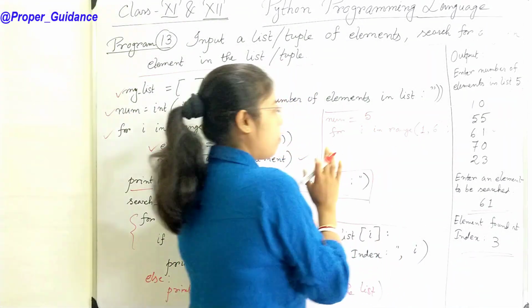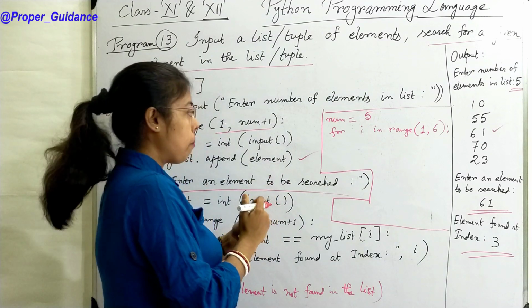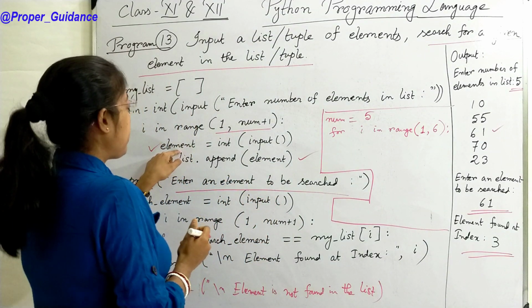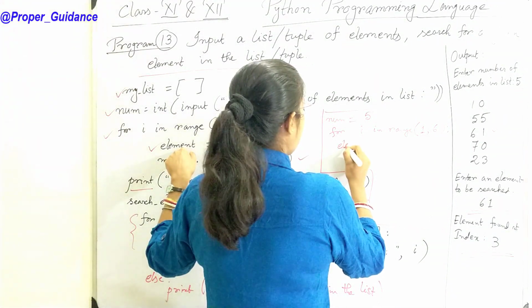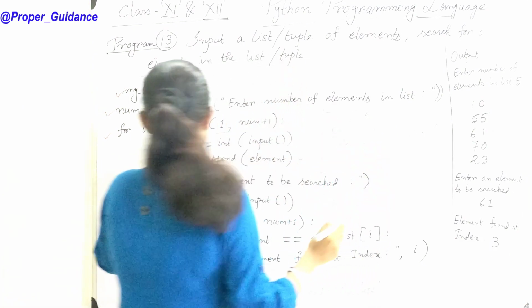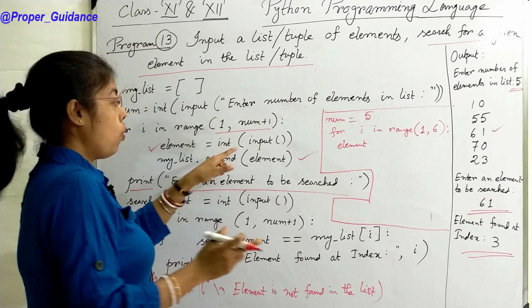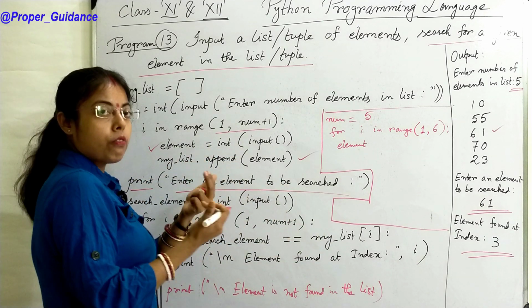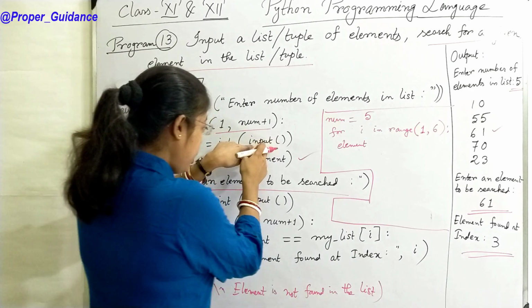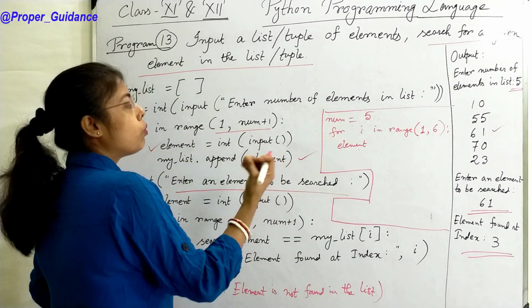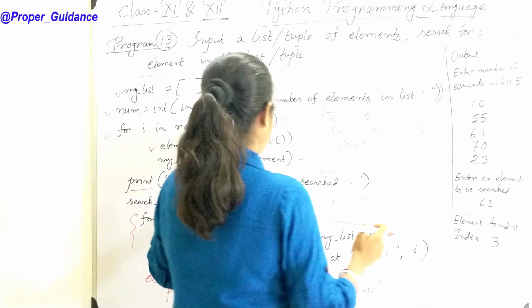So we get 5 consecutive numbers. For what? For element. This is the variable we stored the element in. We are not printing anything. We are taking input from the user end, right?